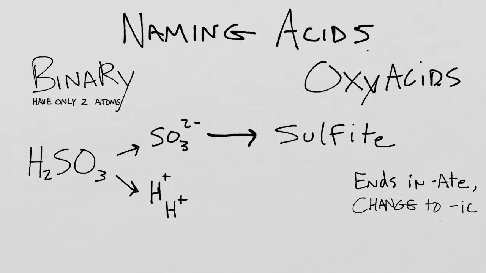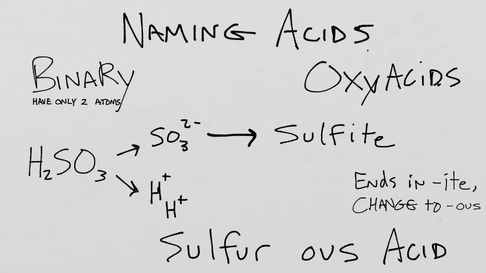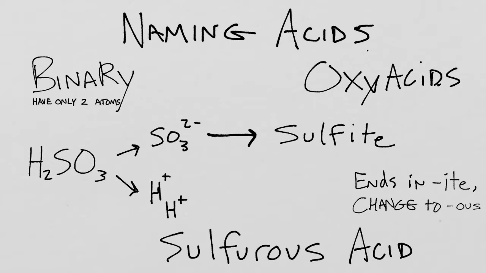So the difference here is that instead of ending in ate, now it ends in ite, and so the ending won't be ic, it'll be us, O-U-S. So sulfur would then be sulfurous acid. So sulfate would be sulfuric acid, and sulfite would be sulfurous acid.